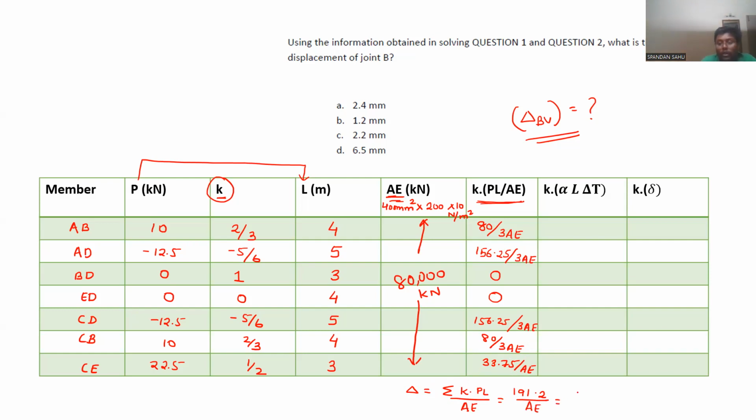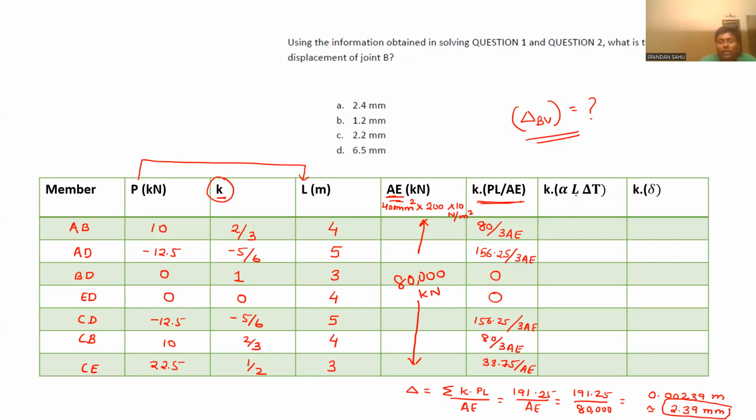So now, if we substitute the value of AE as 80,000 kilonewton, we will get 0.00239 meter, which can be approximated to 2.39 mm.